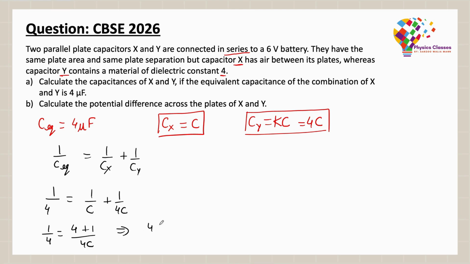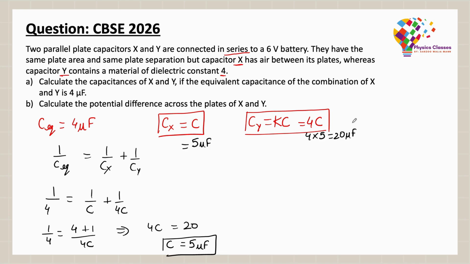So you can rearrange this: 4C equal to 5 into 4, that's 20, so your C comes out to be 5 microfarads. So your C, which is the same as your Cx, is 5 microfarads, and your Cy, which is 4 times C, would be 4 times 5, that is 20 microfarads.